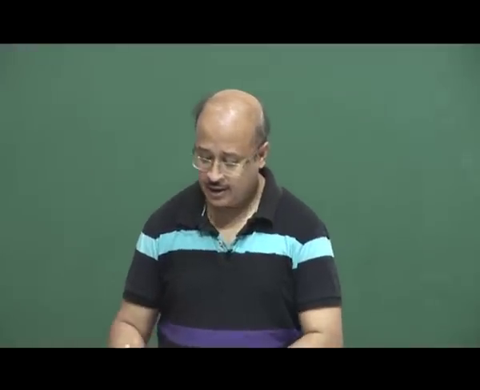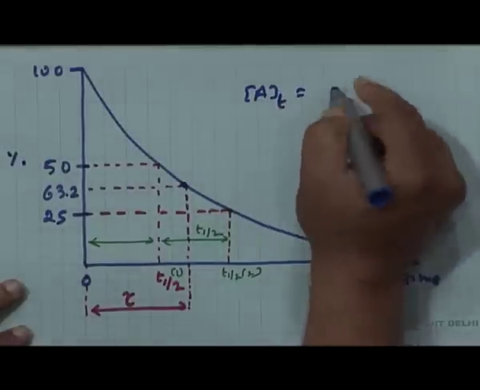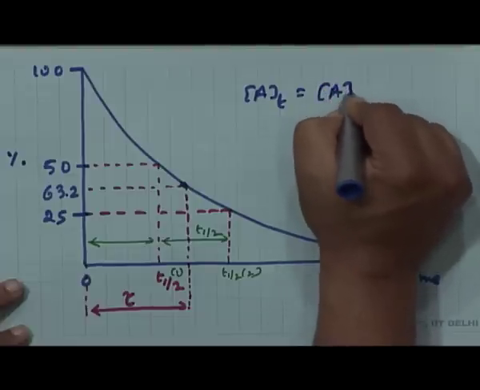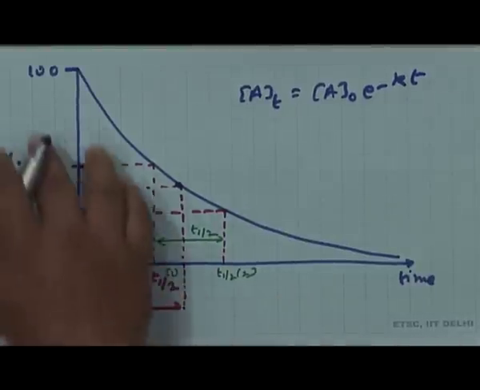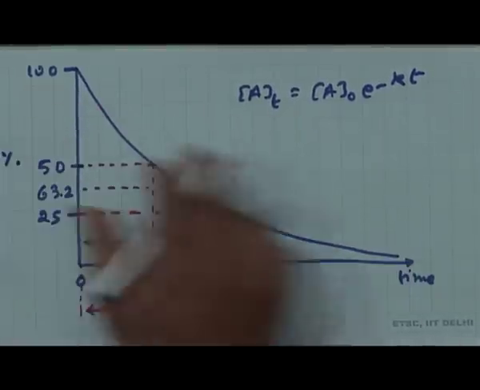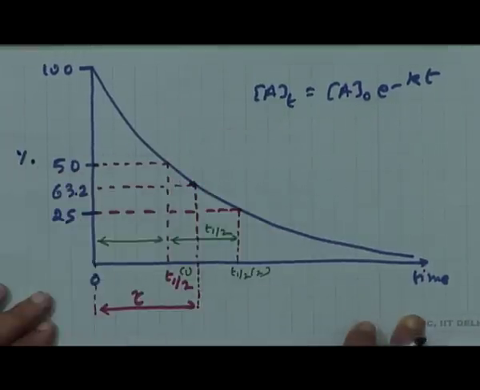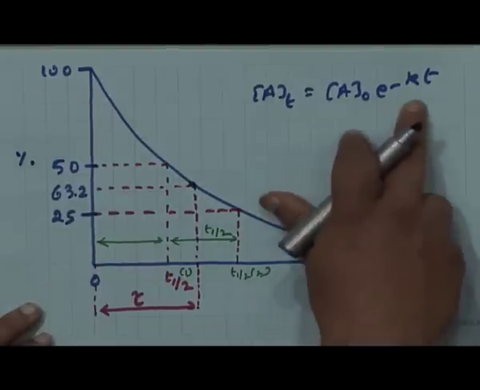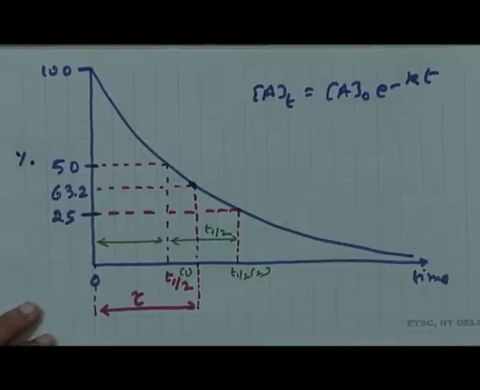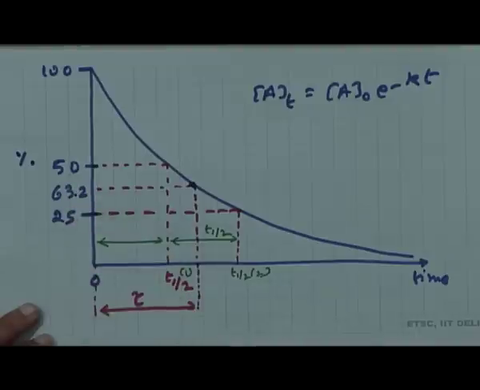First, if I plot the concentration of A as a function of time, this is what I get. A naught is 100% at time t equal to 0. As time goes on, the concentration of A decreases exponentially as a function of time. When it comes to 50%, it would be T half.